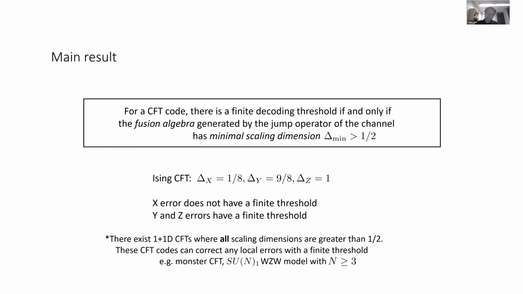And I'm claiming that if you are flipping them in the y and z direction, then it has a finite threshold. That means you can correct these errors up to some probability of errors. On the other hand, if you have x errors, you cannot correct them with a finite threshold. You can still correct a small number of them, as I have shown you before, but you cannot correct everywhere noise with a finite threshold.